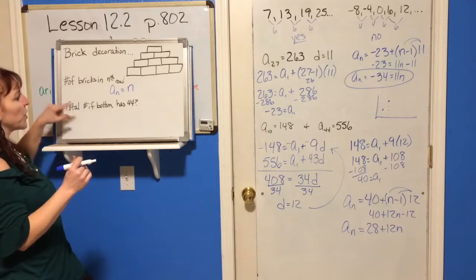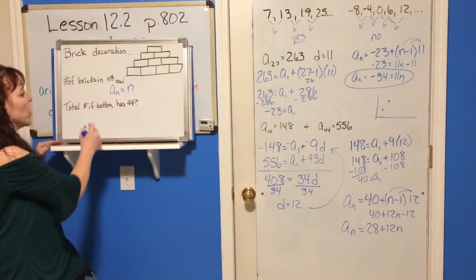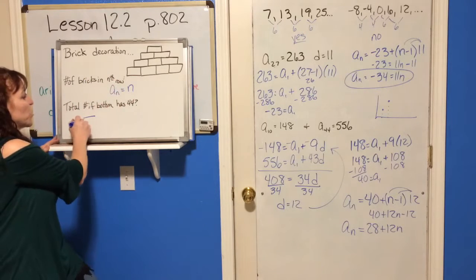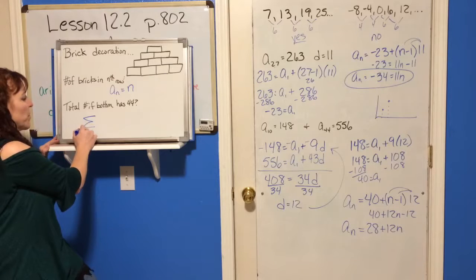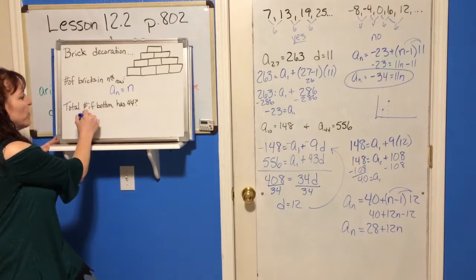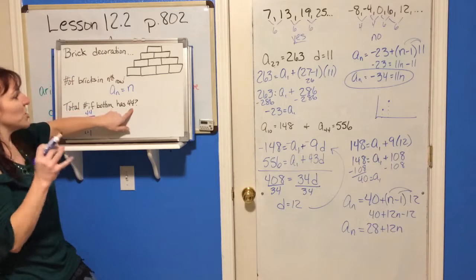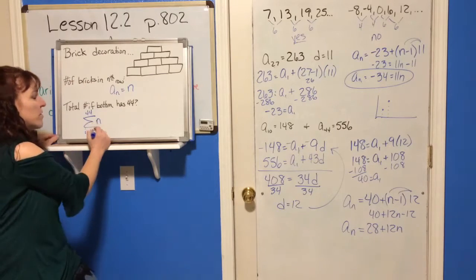So if the bottom row has 44, the total number of bricks that I need to purchase for this decoration is going to be a summation of 1 to 44. I've got to have the top row all the way down to row 44, and my general rule is just n.